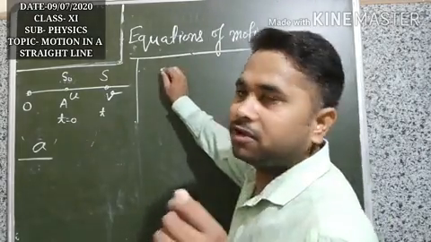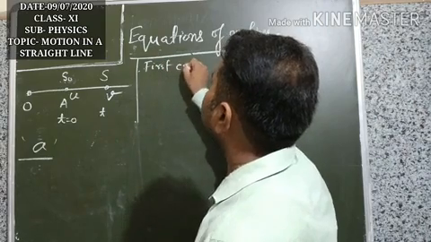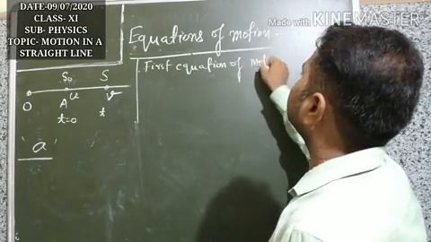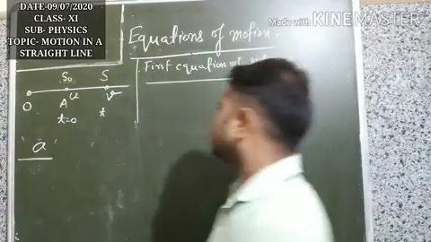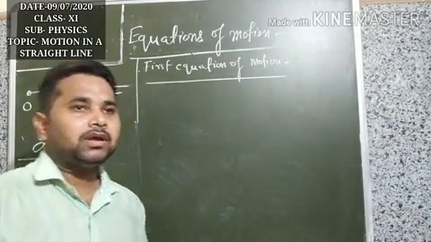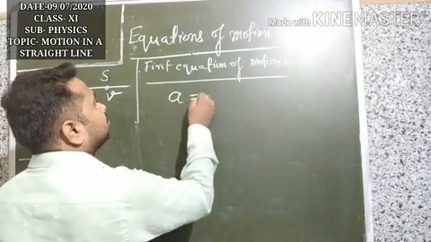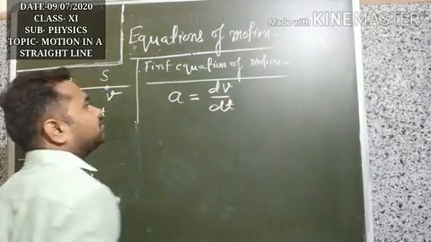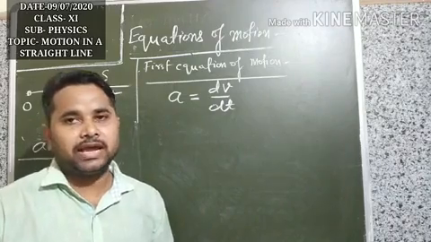So for deriving the first equation of motion, you know the formula of calculus form of instantaneous acceleration. It is dv by dt. Yesterday we discussed this relation. a equals dv by dt. This is instantaneous acceleration.